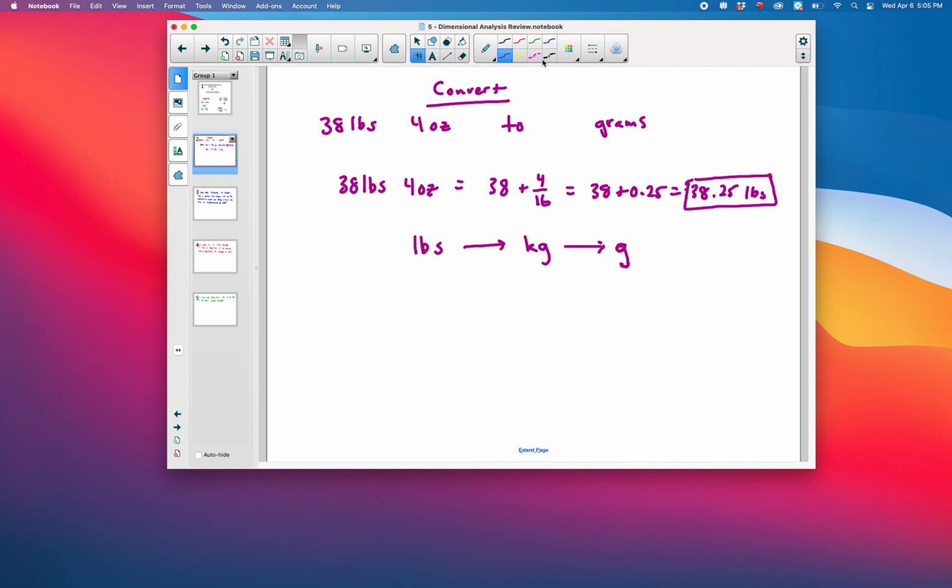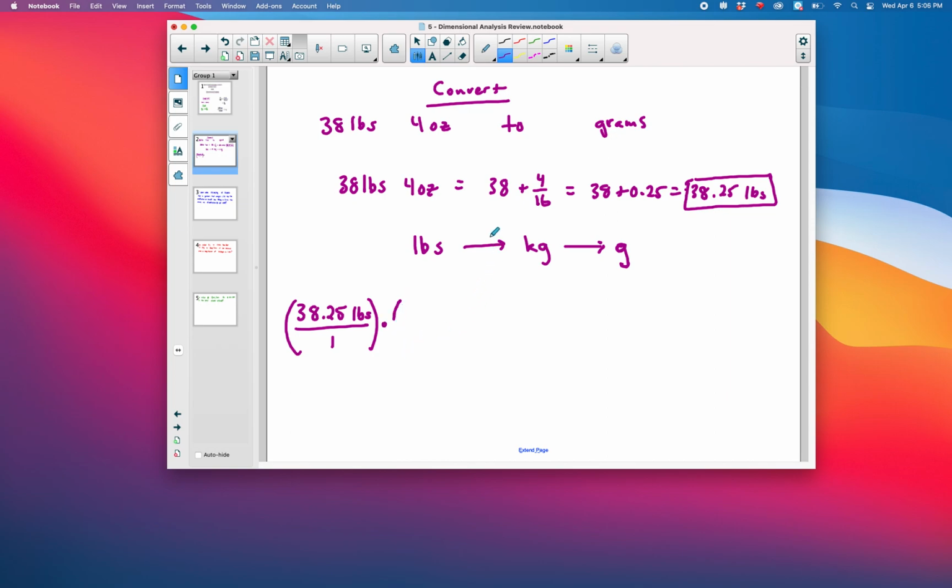So we always start by taking our first unit, 38.25 pounds, and since this is a single unit, we're going to write that as a fraction over 1, like this, okay? There are more complicated problems in the video too, so don't fret.